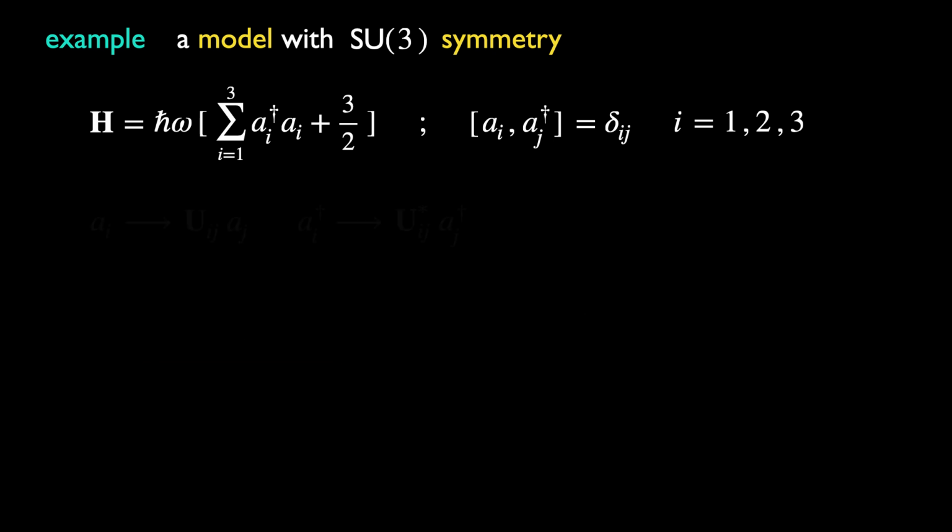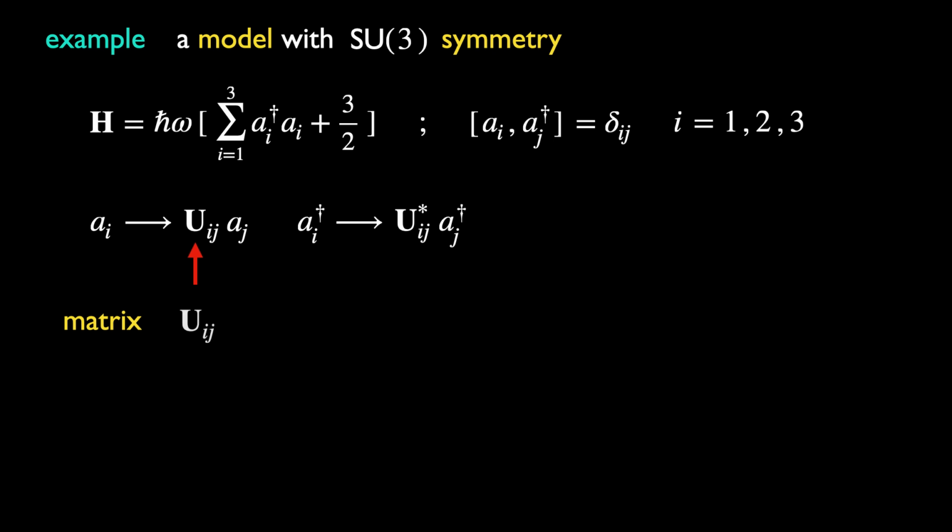Let's see how these transformations might be implemented in Hilbert space. First, let's remind ourselves of some properties of the matrix U. We only have to examine the infinitesimal transformations, since finite transformations can be built from repeated applications of these.